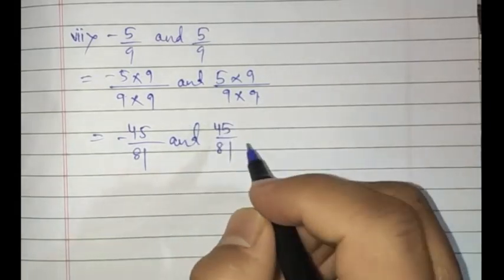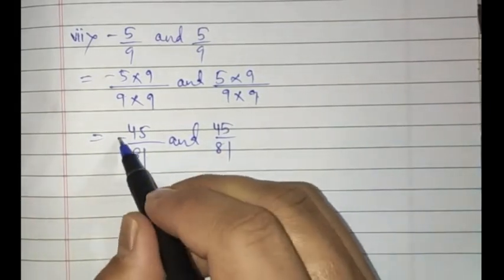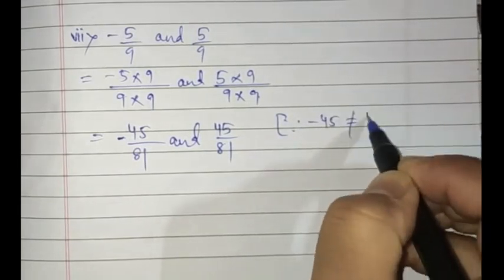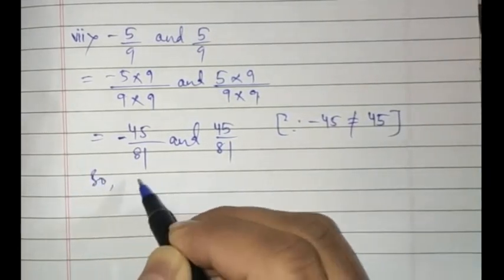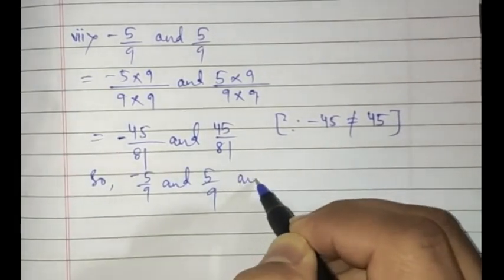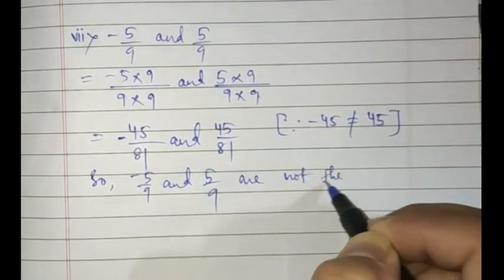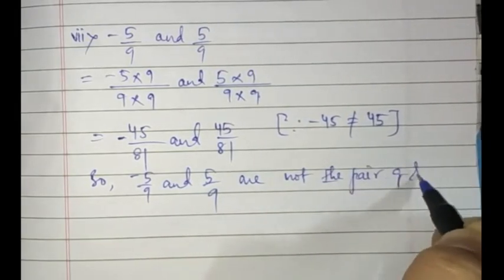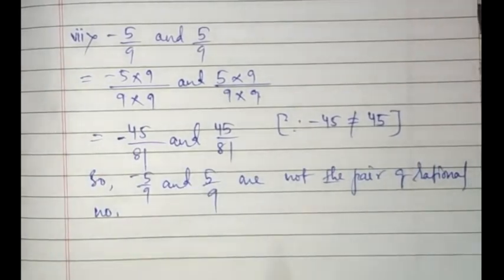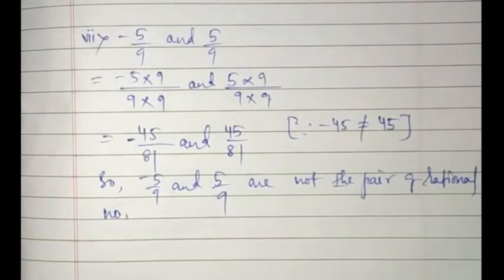All the numbers are the same, but due to the sign we will say, since minus 45 is not equal to 45, so minus 5 by 9 and 5 by 9 are not a pair of the same rational number. Okay. So with this we are over with our home assignment. So let us start solving the further problem, which will be a class assignment.